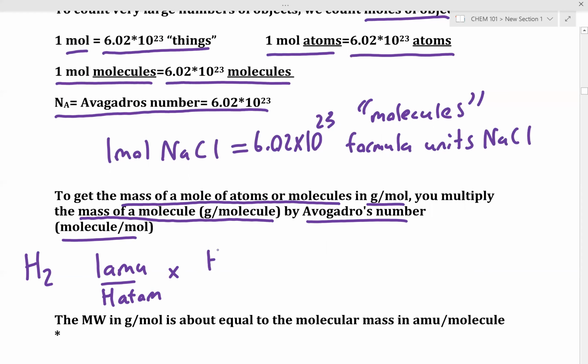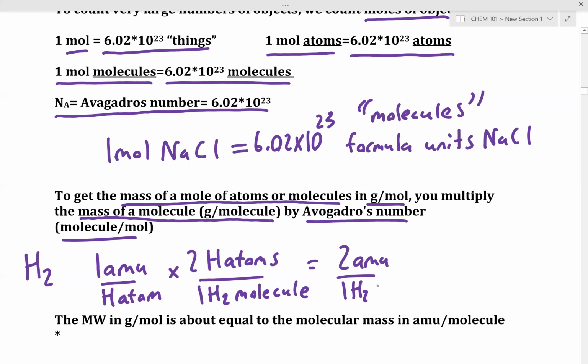And how many hydrogen atoms do we have in one H2 molecule? How many atoms do we see in H2? 2, exactly. So currently we have the mass in AMU per molecule, and we know that there's 2 AMU per 1 H2 molecule.